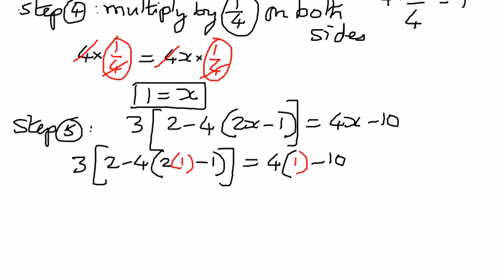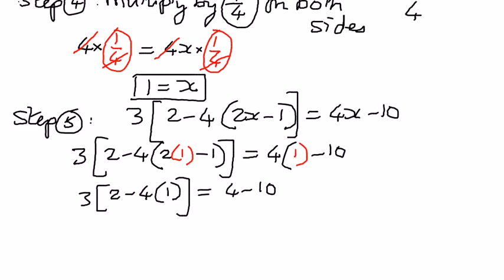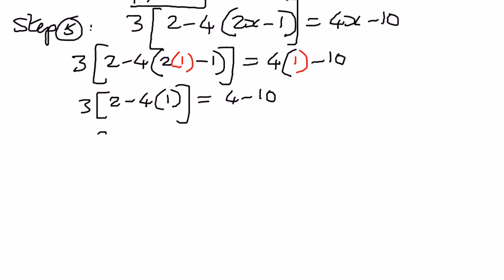So 3 times 2 minus 4 times 2 times 1 is 2. 2 minus 1 is 1, right? Is equal to 4 times 1 is 4 minus 10. So in here, 3 times 2 minus 4 times 1 is 4. 2 minus 4 is negative 2, is equal to, when we simplify this, negative 6.